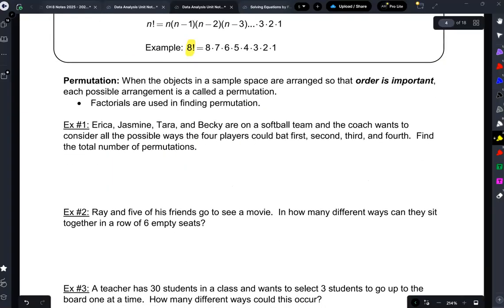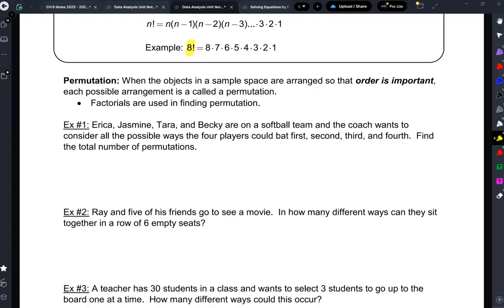Okay, now let's talk about permutations. Permutations are when you have objects that are arranged so that their order is important. Each possible arrangement is a permutation. So for example, if I have the 3 of you sitting like this, that is one permutation.